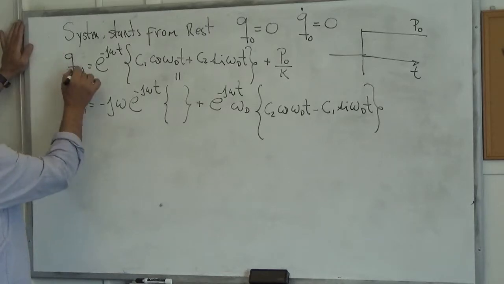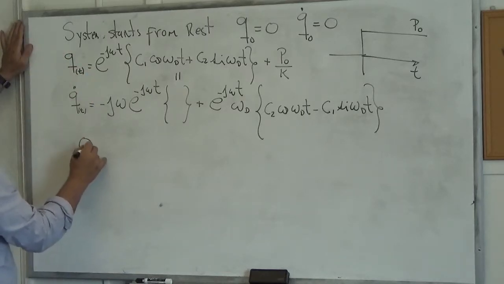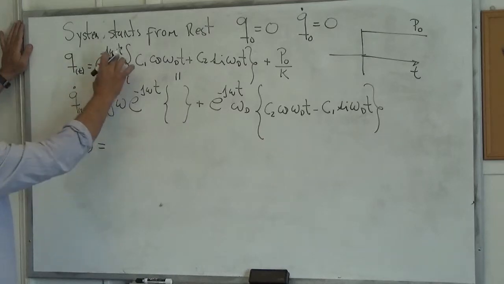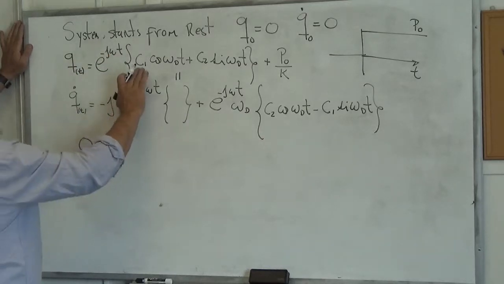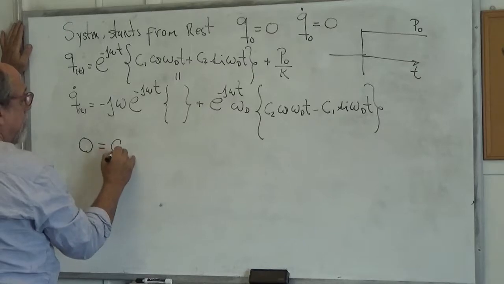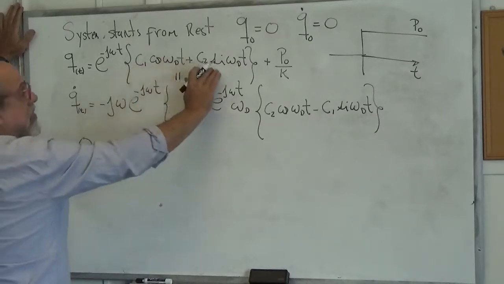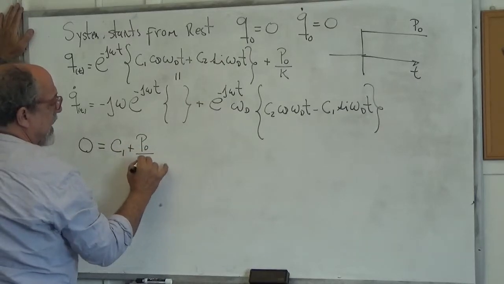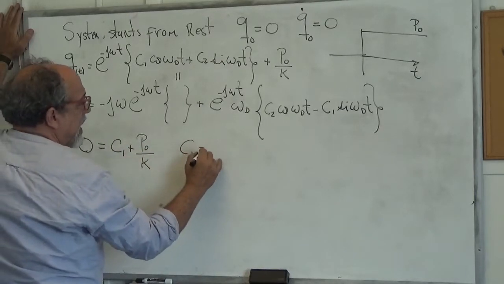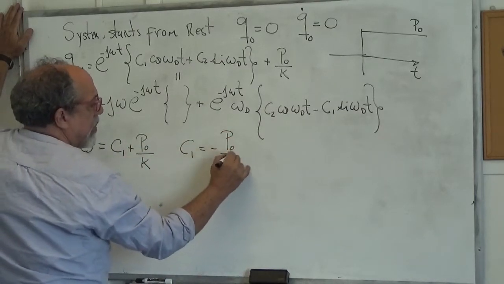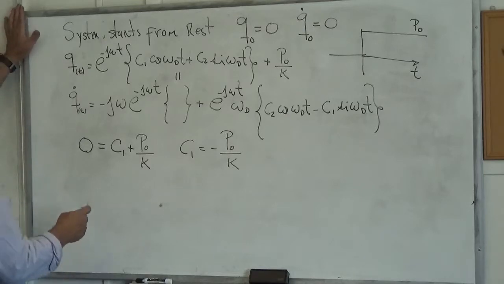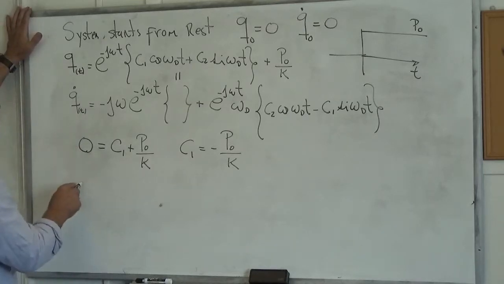So from the first equation, 0 is equal to, at time t equal to 0, this is going to be 1, this is going to be C1, right? This is going to be 0 plus P0 over K, which immediately tells us that C1 is minus P0 over K, right?